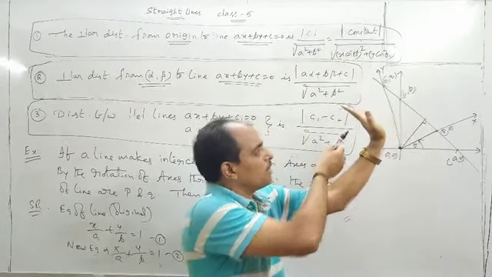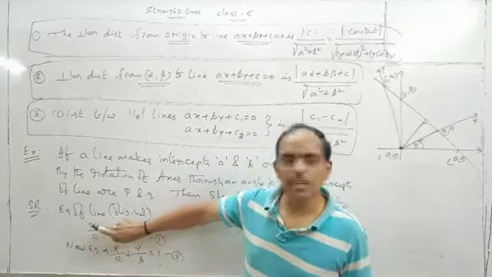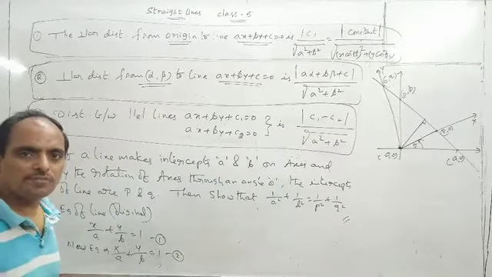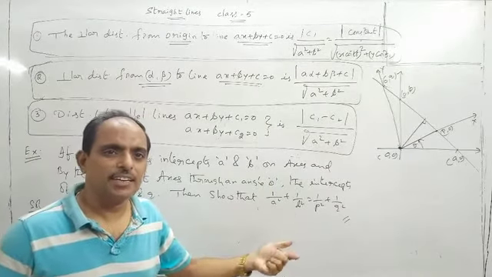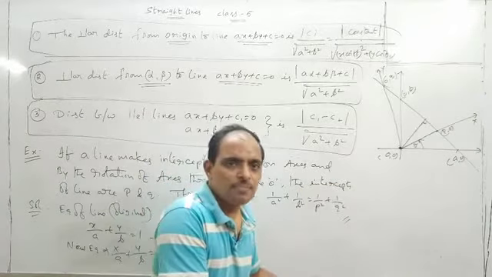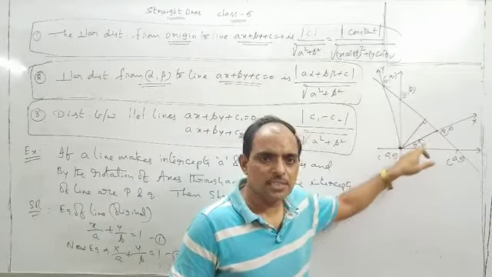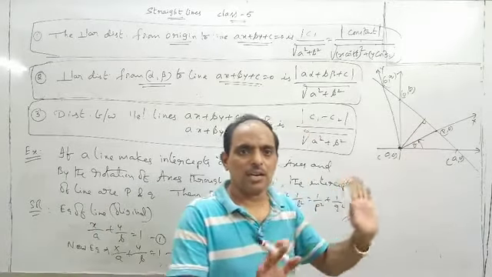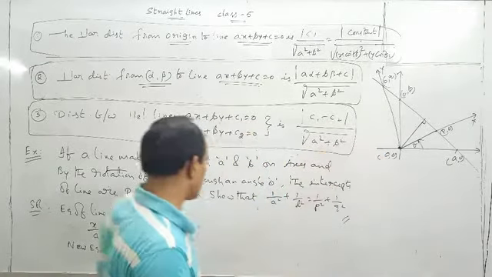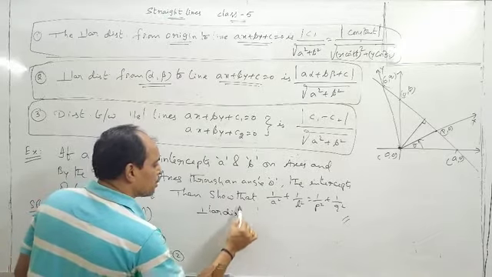The line is there. When the axes were original, the equation was this. When the axes rotate, this will be the new equation. The axes rotated but the line did not move, the origin did not move. Origin fixed and the line fixed. Then what about the perpendicular distance? Has this distance changed? It has not changed. The line is there, the origin is here. The axes rotating does not matter to us. Now perpendicular distances are the same.